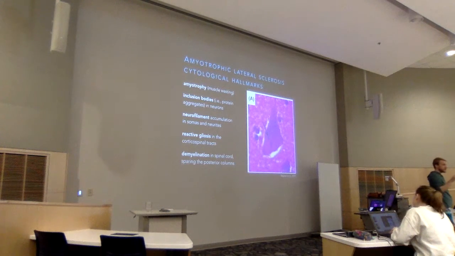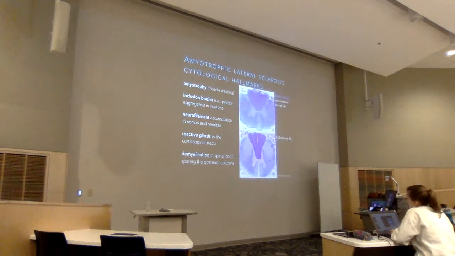Hopefully we recall that the axon is unable to make proteins. That all happens in the cell body, so you have to transport proteins down your axon. So when you see the accumulation of neurofilaments in the cell body or the neurites, that tells you you have cytoskeletal issues. You're probably going to have difficulties transporting things along your axon.